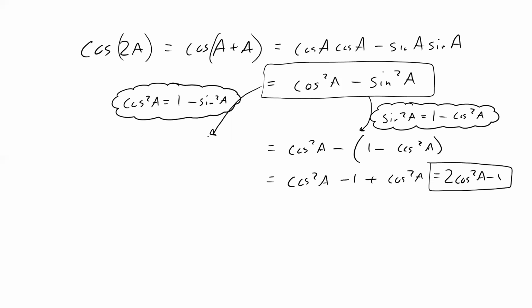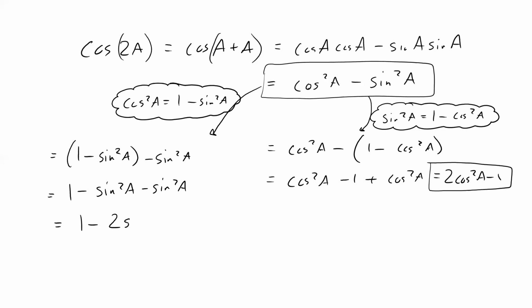If we substitute cosine squared A in here, that means this would have been 1 minus sine squared A. Okay, are we good there? Let's see if that makes sense. Is that making sense in our mind? If that's the case, we drop the parentheses, and we got ourselves 1 minus 2 sine squared A.